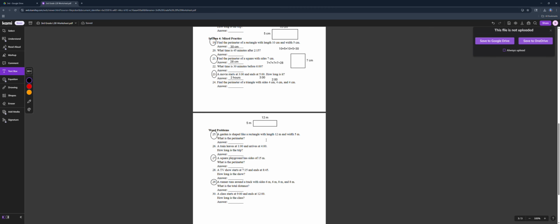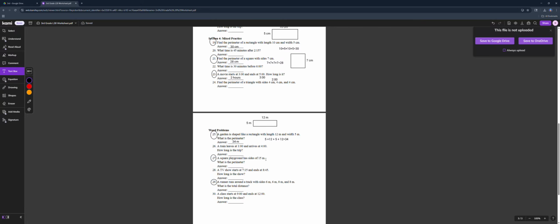So this is just going to be 5 plus 12 plus 5 plus 12. And 5 plus 12 is 17, so we do 17 plus 17, and then you get 34. So the perimeter of this rectangle would be 34 meters.